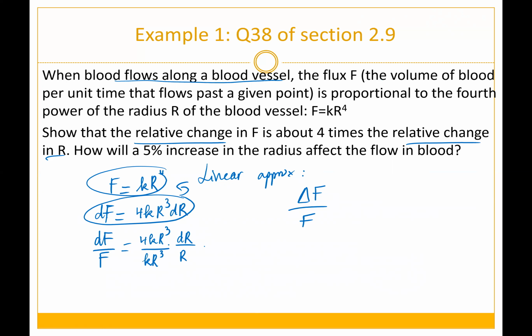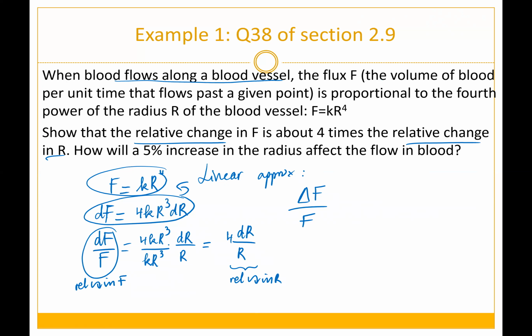So what we end up with is 4 dr over r, and this is what we're supposed to prove. So we're supposed to prove that this relative change in F is 4 times the relative change in R.